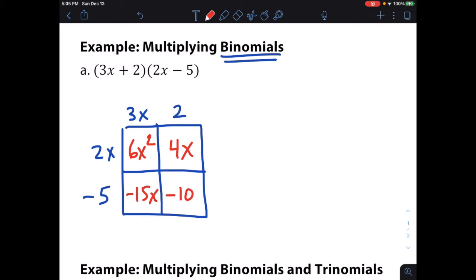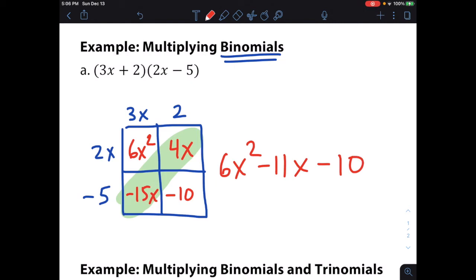And this is one where we end up, I can use a highlighter, being able to combine these two because they're both x terms. All right, so my answer in this case is 6x squared. And then negative 15 plus 4 is negative 11x, and then minus 10.